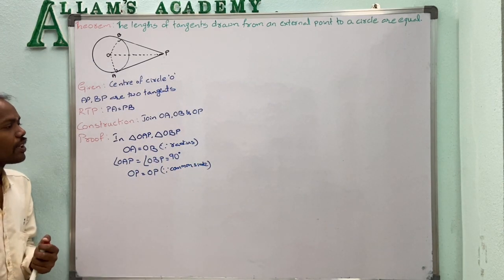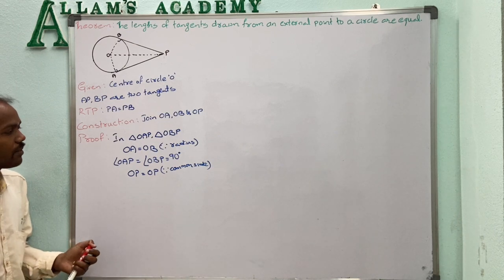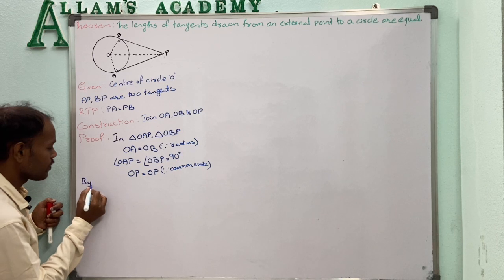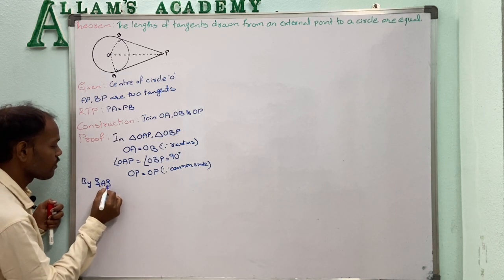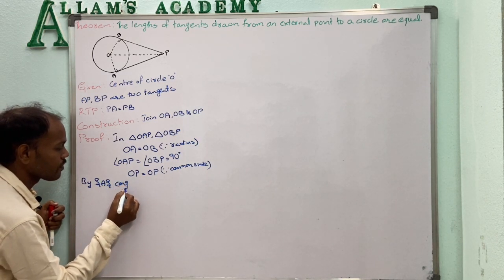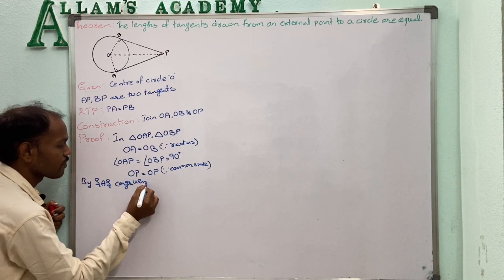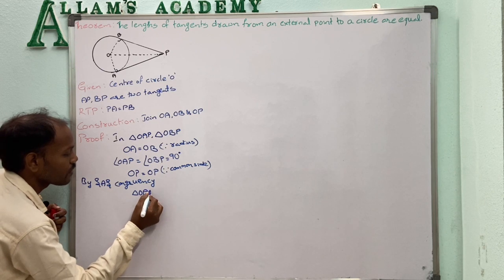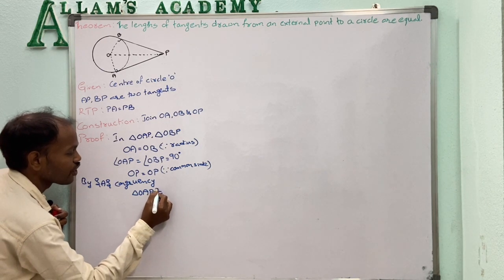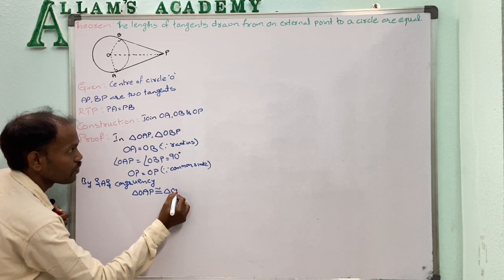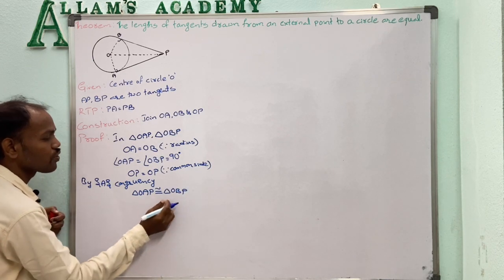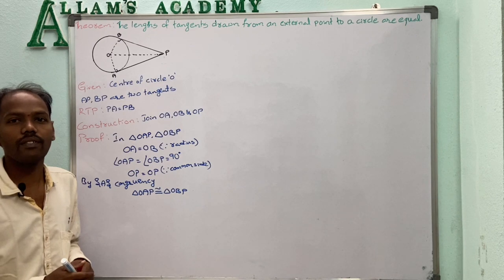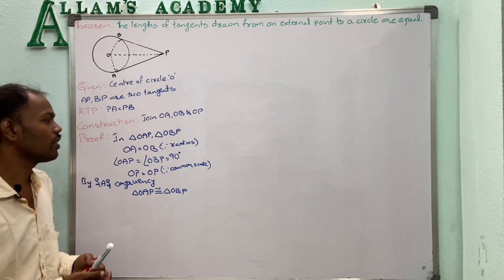So now we can say by SAS congruency, triangle OAP is congruent to triangle OBP. So these two triangles are congruent, and their corresponding sides are equal and corresponding angles are also equal.